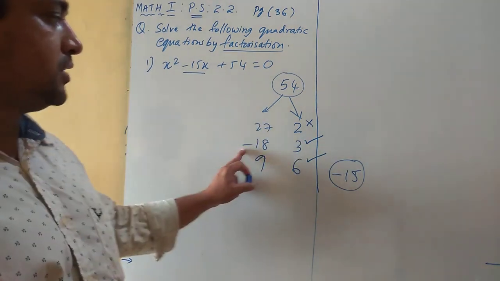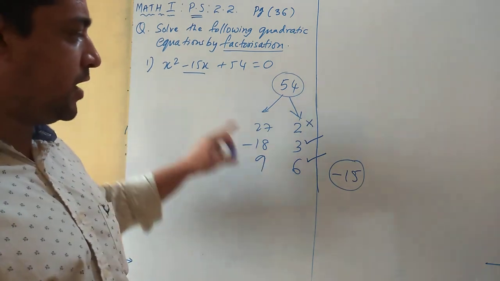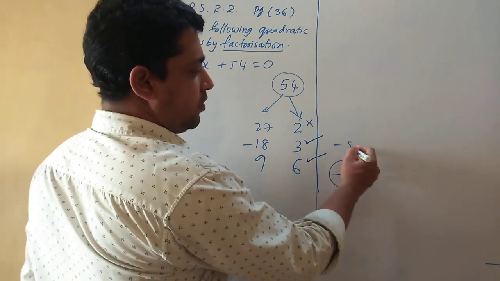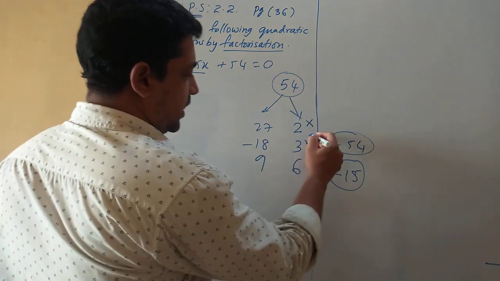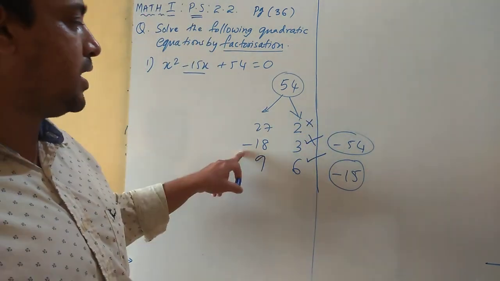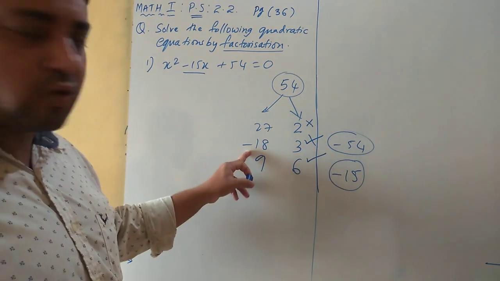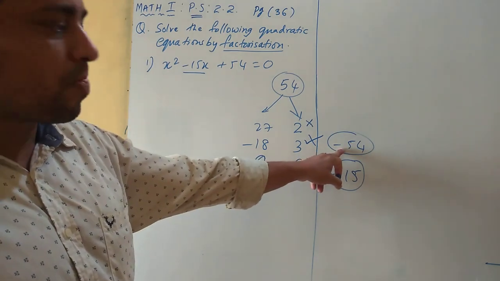I am getting minus 15. But when I multiply, minus 18 times 3 is minus 54. So this pair is again not the correct pair. Why? I am getting minus 54. To satisfy the condition that I should get minus 15, the product goes wrong.